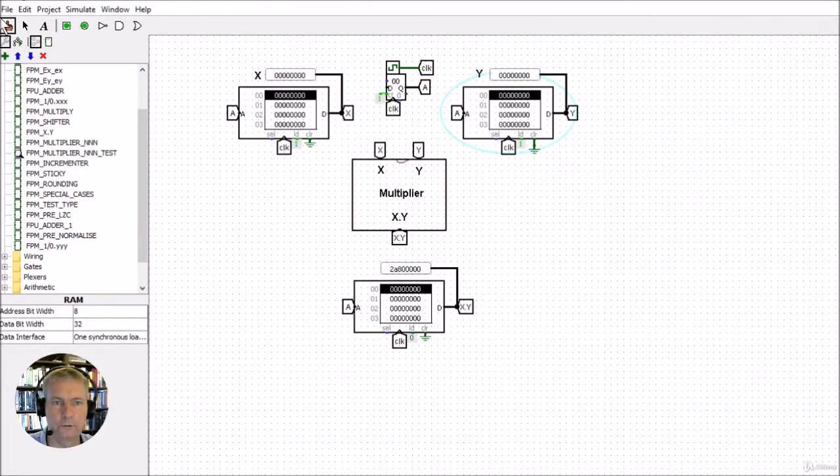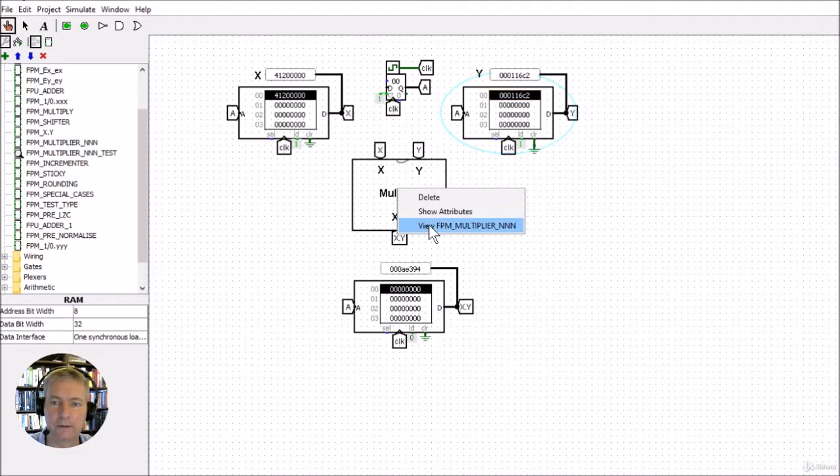So we'll make sure we've got our little finger clicked here to run through the simulation. We click on here and we'll put in the number 412, and there's 1, 2, 3, 4, 5 zeros, and the second number is 000116C2, and you can see that the answer is 000AE394, which again is the correct answer, which is good.